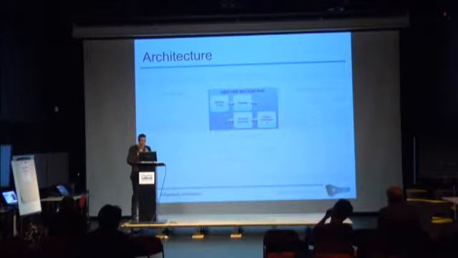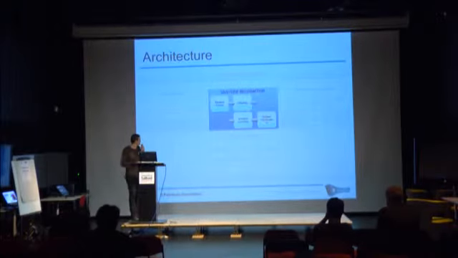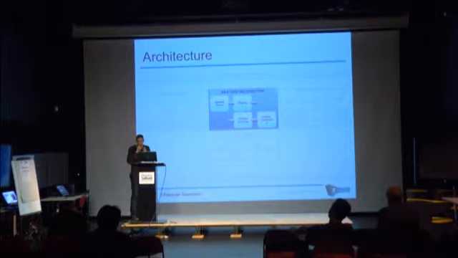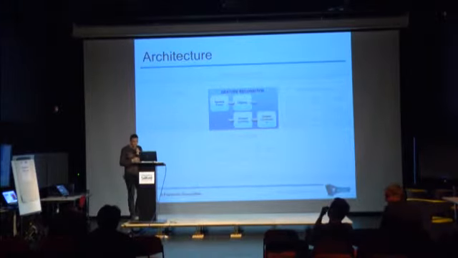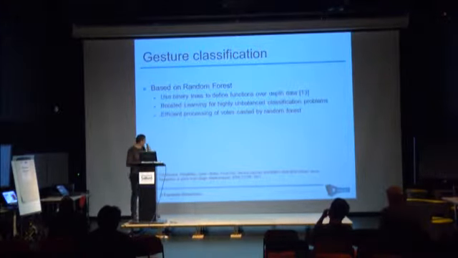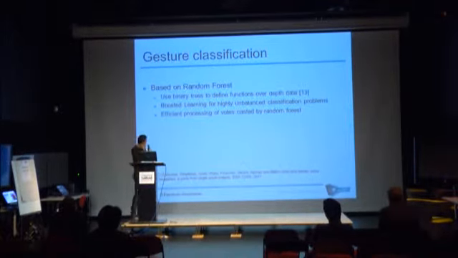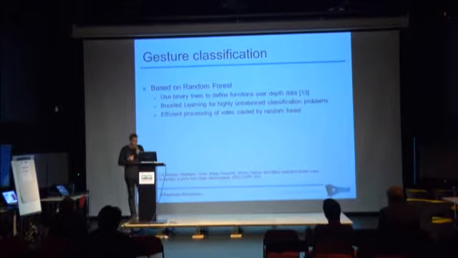I will talk a little bit about the last building block that we use, which is the gesture detection or gesture recognition. This one is used for the static gestures, the shush and the ear thing. It's based on a technique presented by Shotton quite recently, 2011, and it's called random forest.